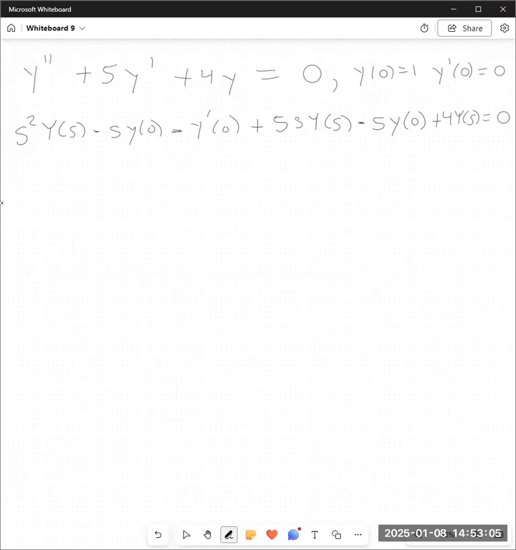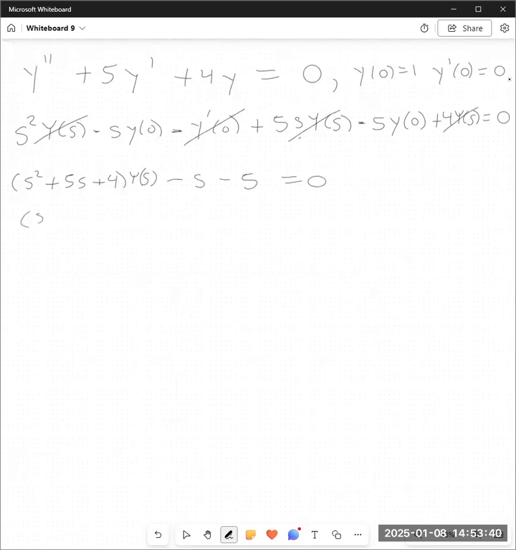So let's see, the y prime term is 0. s squared plus 5s plus 4 capital Y of s. So that term and that term are taken care of. And then we have minus s and minus 5 equals 0.